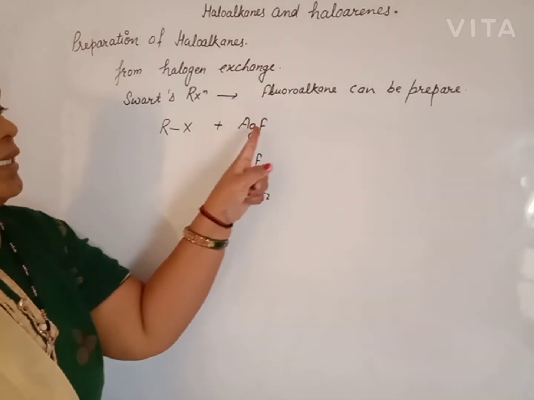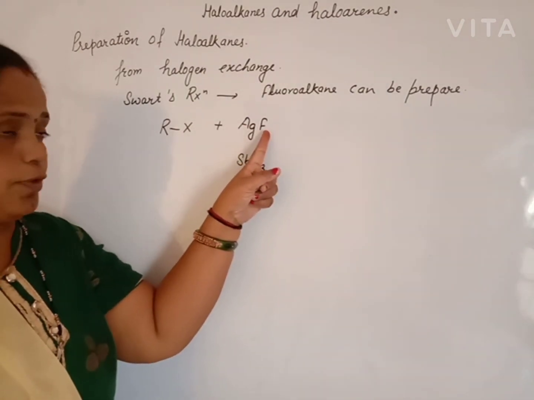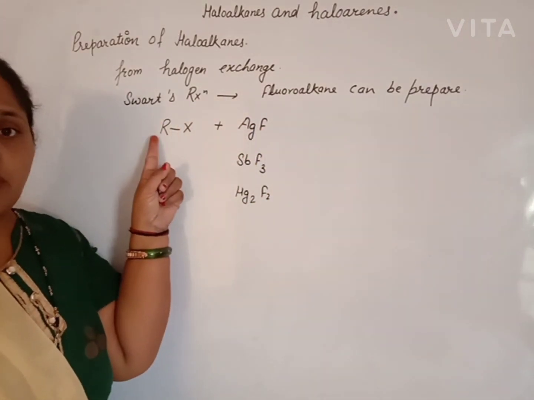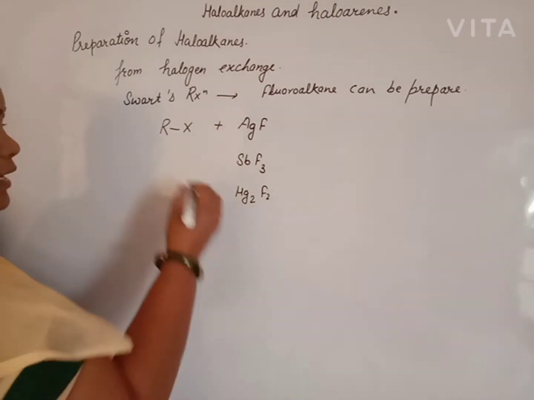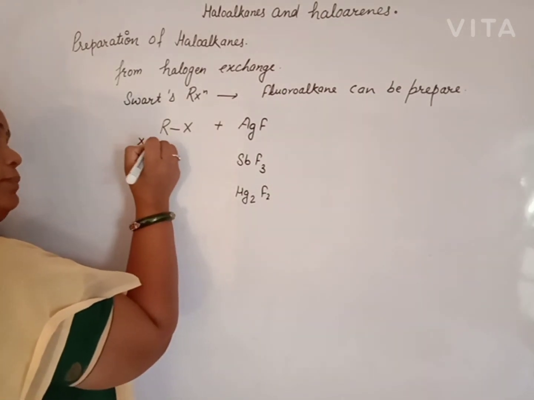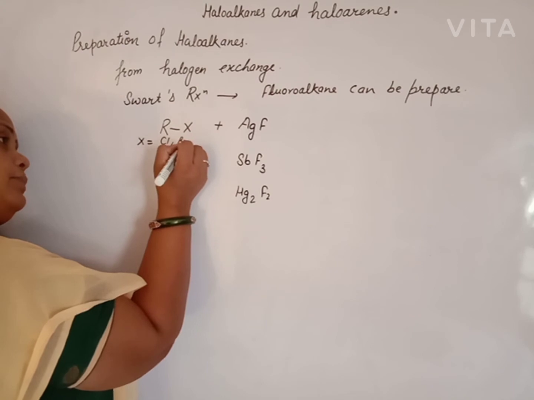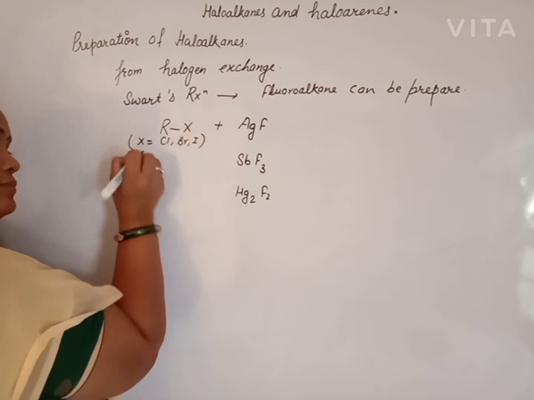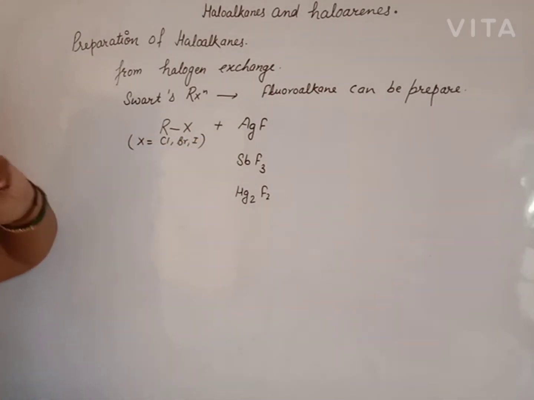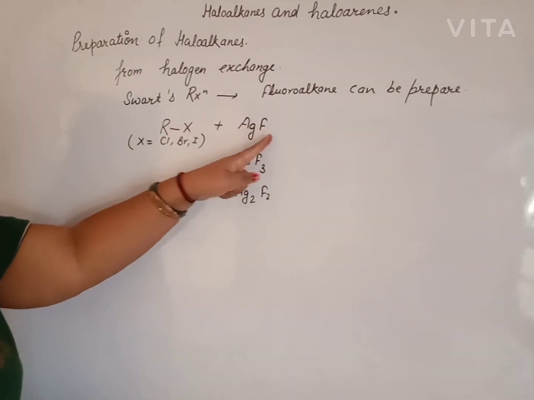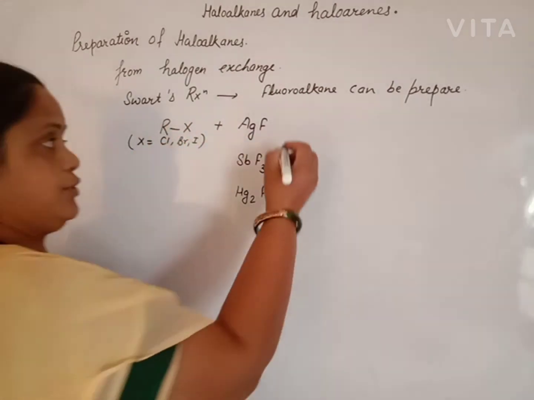How many fluorines, that many moles of haloalkane will be used. And this X may be chlorine, may be bromine, may be iodine. Mostly chlorine and bromine, but iodine also. Here 1 mole of fluorine, so 1 mole of haloalkane is used.